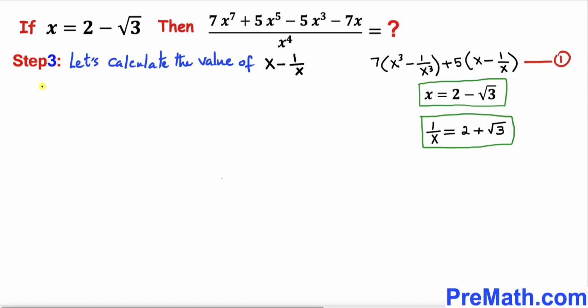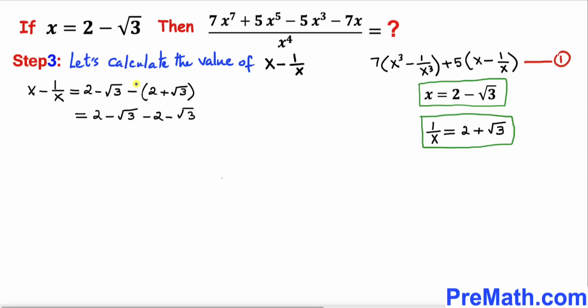So therefore I can write x minus 1 over x equal to, our x value is 2 minus square root of 3, and then minus 1 over x is 2 plus square root of 3.